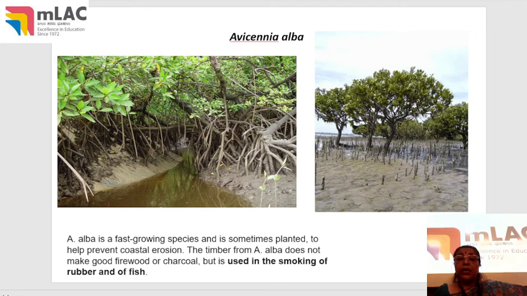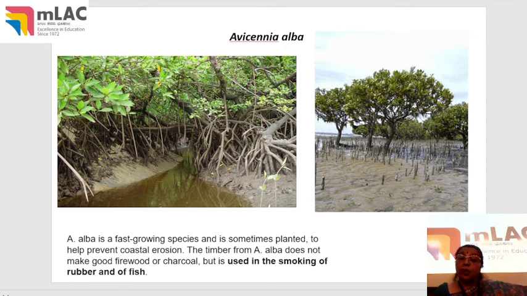Now, when you see Avicennia alba, the images very clearly show the presence of pneumatophores, which are secondary roots that pop up from the soil, and these pneumatophores function as breathing roots. These trees, which are found in the Sundarban areas as mangrove vegetation, also have a very unique feature of vivipary, where the seeds germinate while still on the branches.